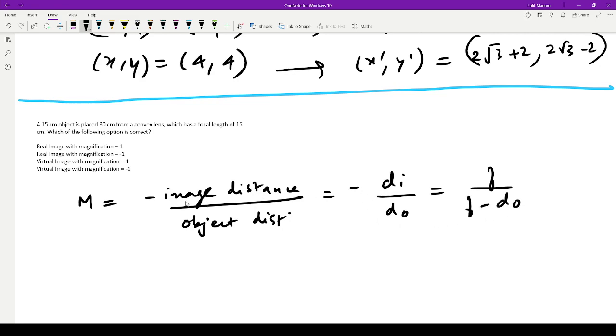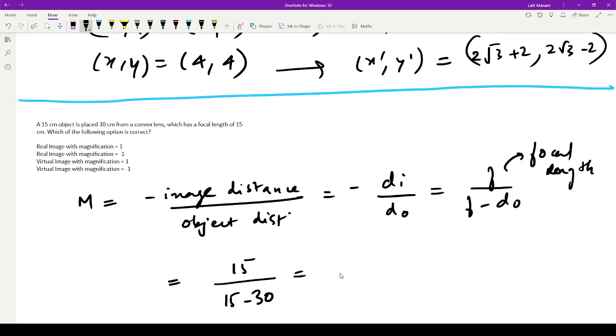So di is the image distance, do is the object distance, f is the focal length. You can just place the values here. Focal length is 15 centimeters, so this is 15 minus the object distance, 30 centimeters. The 15 is the object size, and we don't really need it in the question.